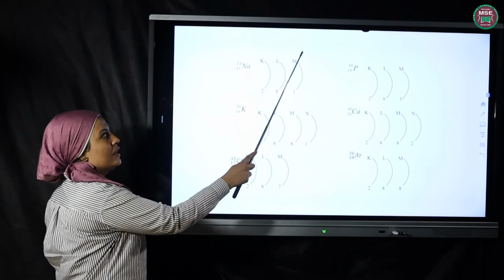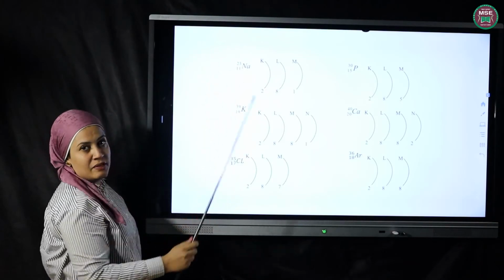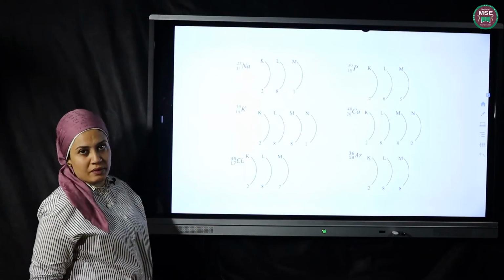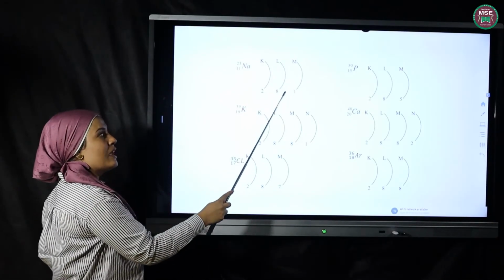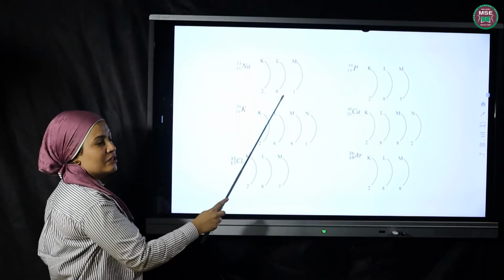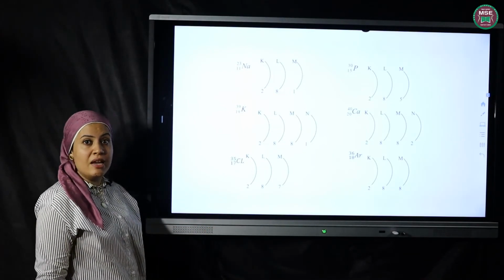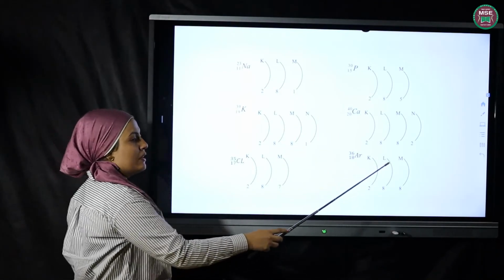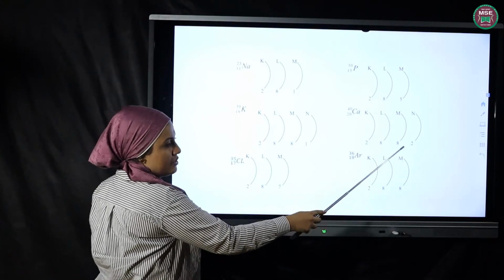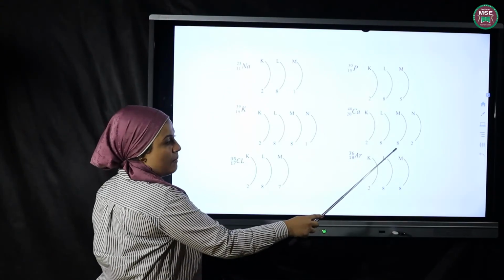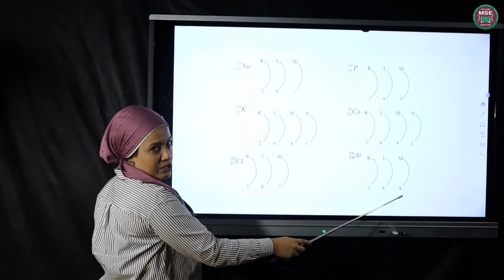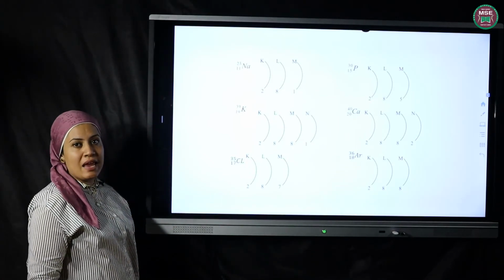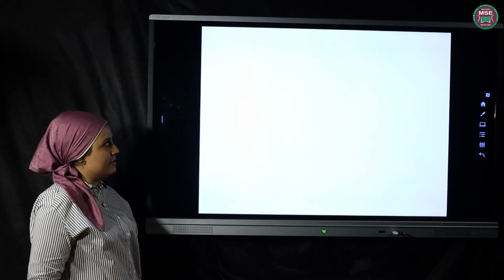Then I will check the activity of the element by the number of electrons in the outermost energy level. If the outermost energy level contains less than 8 electrons, it will be an active element. If the outermost energy level is completely filled with electrons, like argon, where M is completely filled with 8 electrons, it will be inactive, which is called inert gases or noble gases.